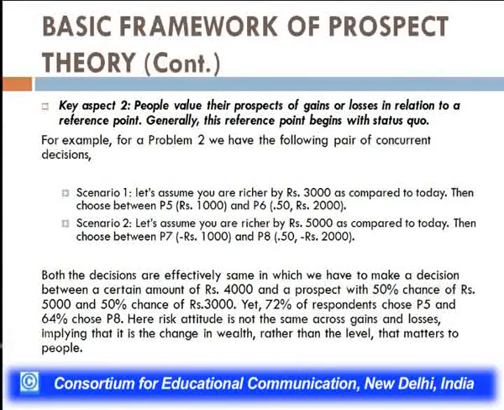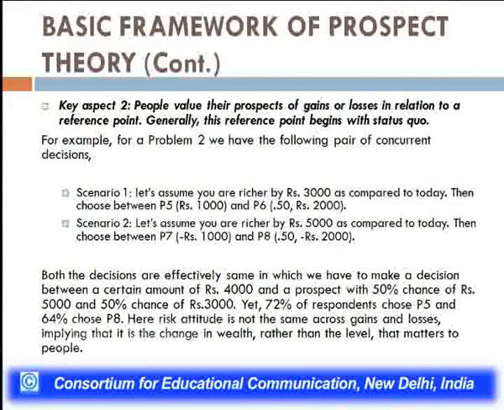Whatever income or resources we have at any point of time, or whatever level we are starting with, becomes our status quo. From that status quo, how far up or down we can go depends from situation to situation and alternative to alternative, and whether we will be a risk seeker or a risk averse person in that scenario depends upon where we are starting.